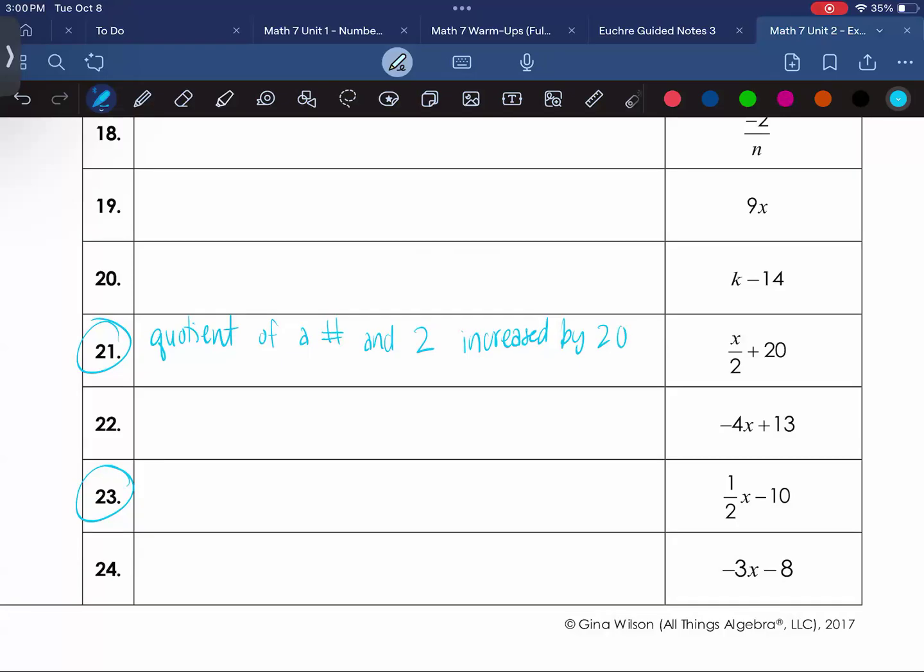For number 23, you could have said half of x minus 10. Or you could have said the difference of half of x and 10. Or you could have said 10 subtracted from half of x. So many different ways to say this. Just make sure you're using the right keywords.